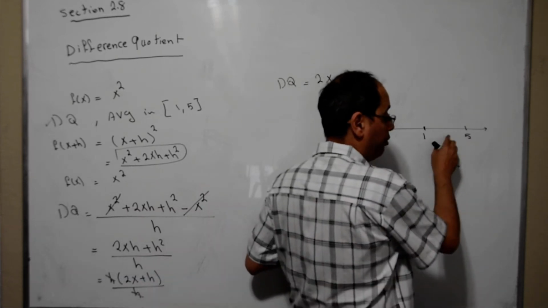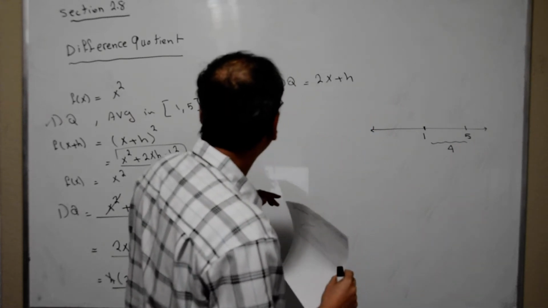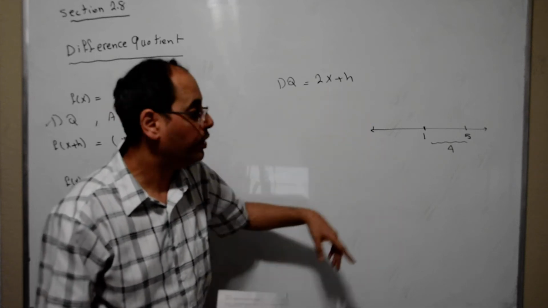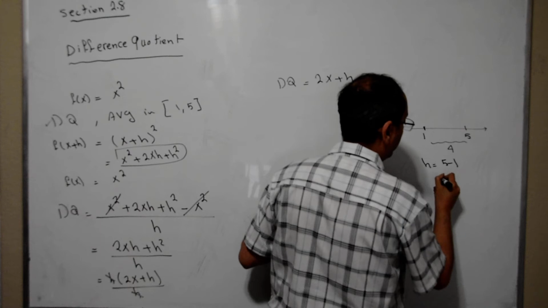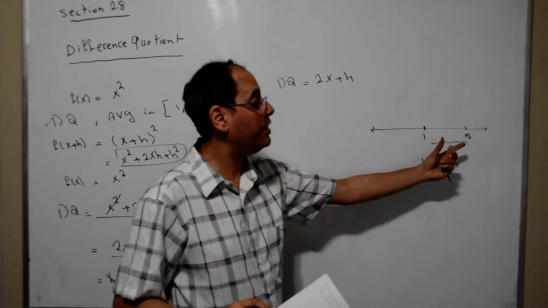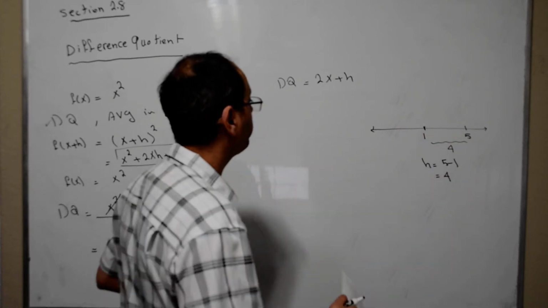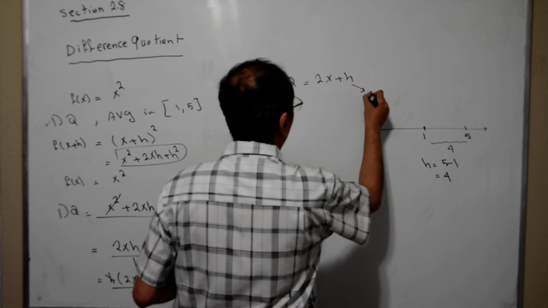I got it, 5 minus 1, so the distance is 4. That means that h is 4. Why is that? Because h represents the distance between the interval.